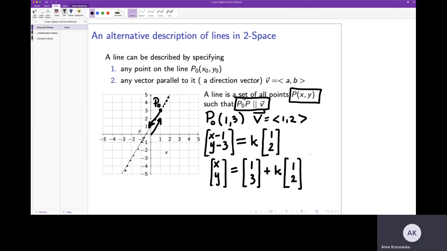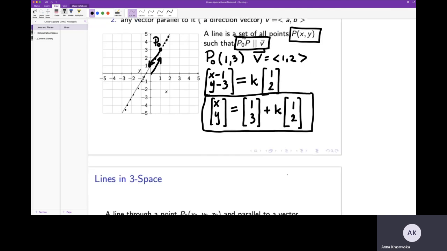This is called a vector equation of a line, given a point on that line and a vector parallel to it. And this is the description that we will generalize to three-dimensional space.